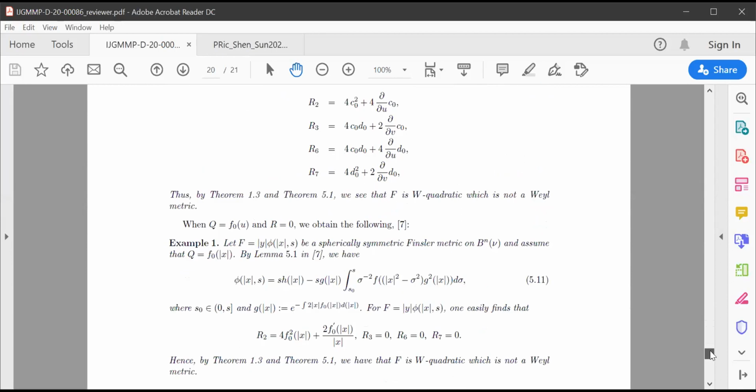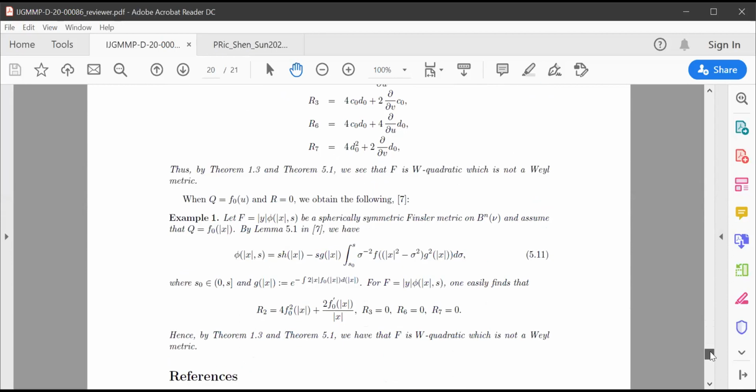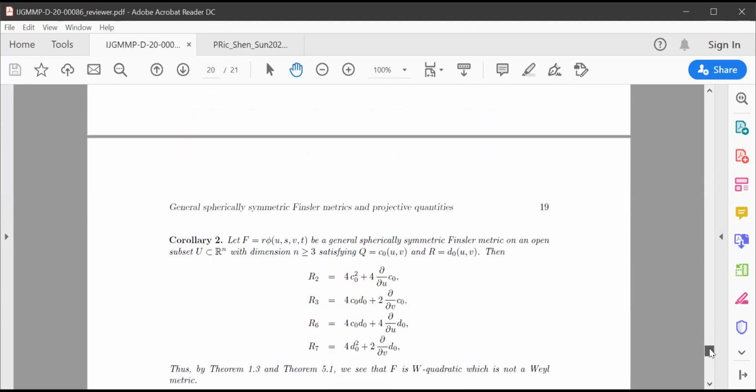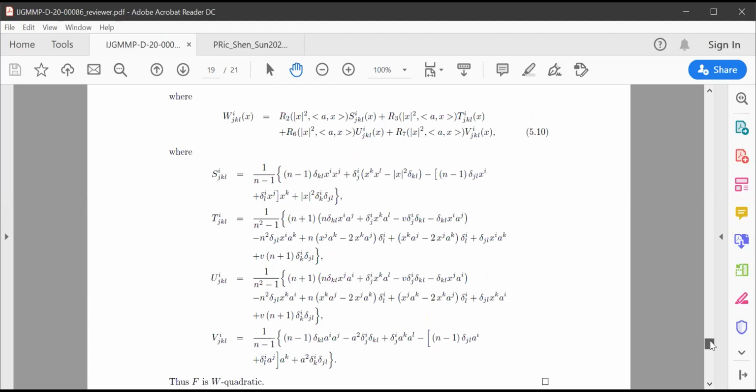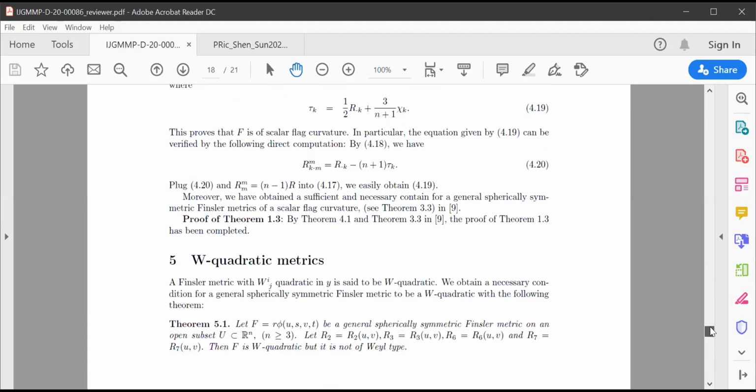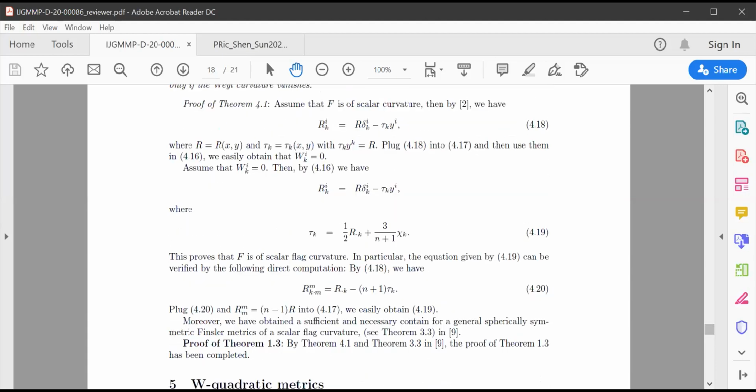More interesting, let's take a look at the examples about the sample paper. Well, quadratic. I think it's more interesting here. It should be the projective Ricci curvature. All right, that's about the topic, projective Ricci curvature, and the paper.